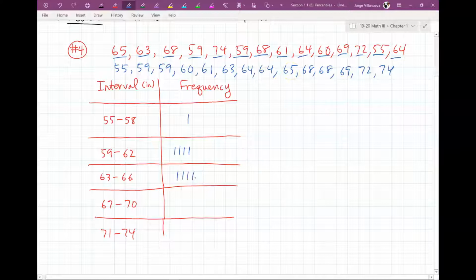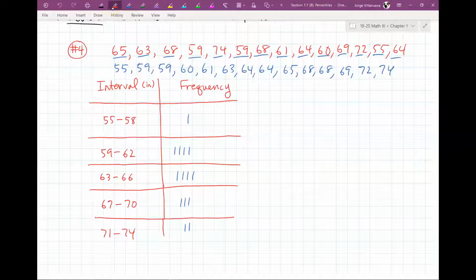How many numbers from 60? Actually, wait a minute. Did I do that right? 63. 1, 2, 3, 4. Yeah. From 67 to 70 would be 1, 2, 3. And 71 to 74, 2. All right. So, I mean, not so bad. Just doing some tally marks. So part A says to complete the table, right? So we're good.